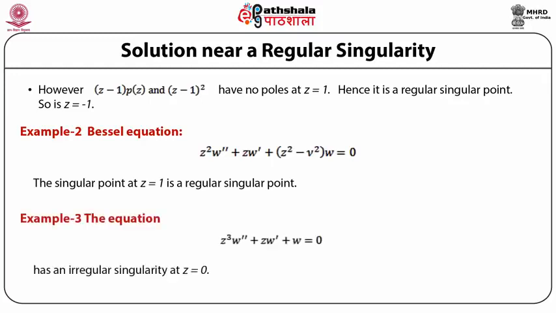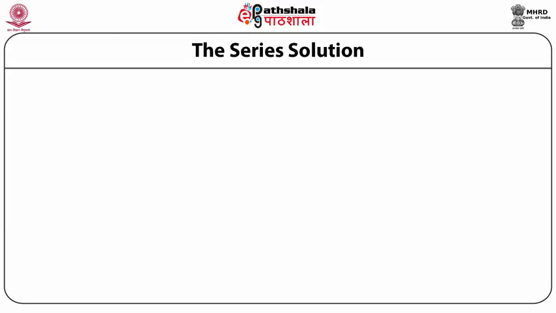Another example is represented by the equation z cube w double prime plus z w prime plus w is equal to 0. The equation has an irregular singularity at z is equal to 0. Now we proceed to study the series solution.